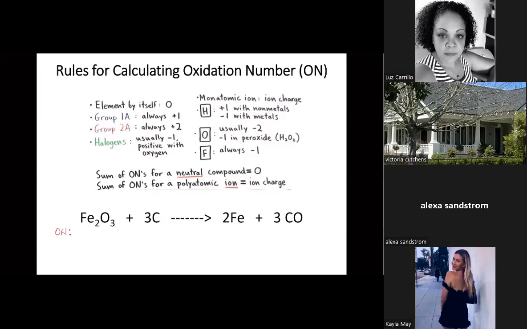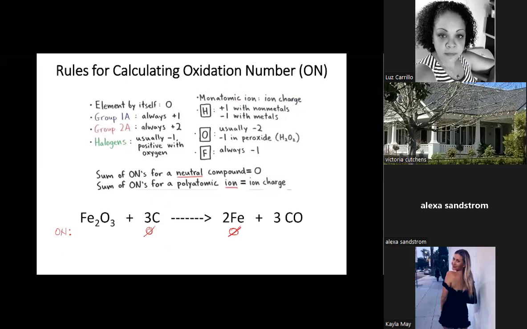Excellent, carbon. It has an oxidation of 0 because it's an element by itself. What about in the product? Who's going to get an oxidation number of 0? Excellent job. Iron gets an oxidation number of 0, okay? Put a 1 in the chat if at least that first part makes sense, why the oxidation number of carbon and iron is 0. Excellent.